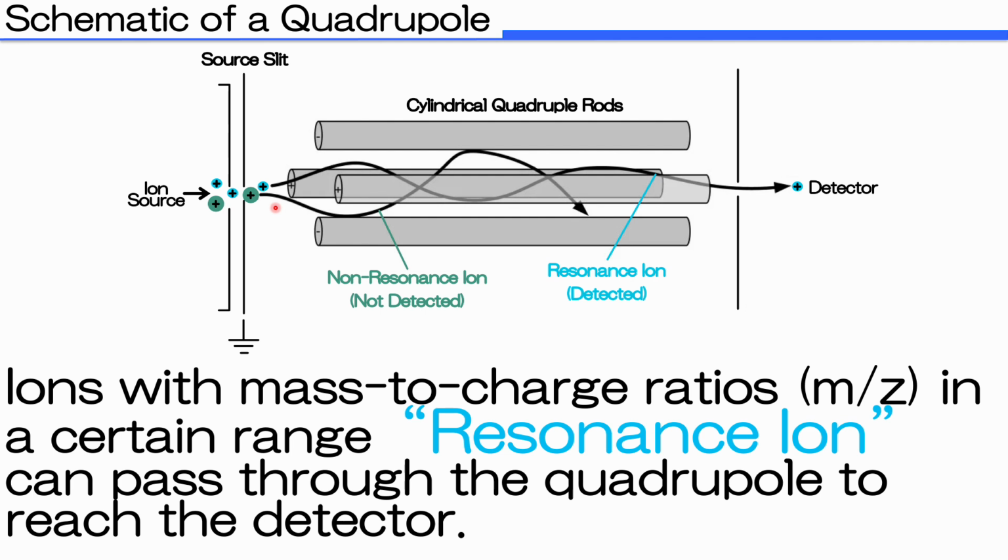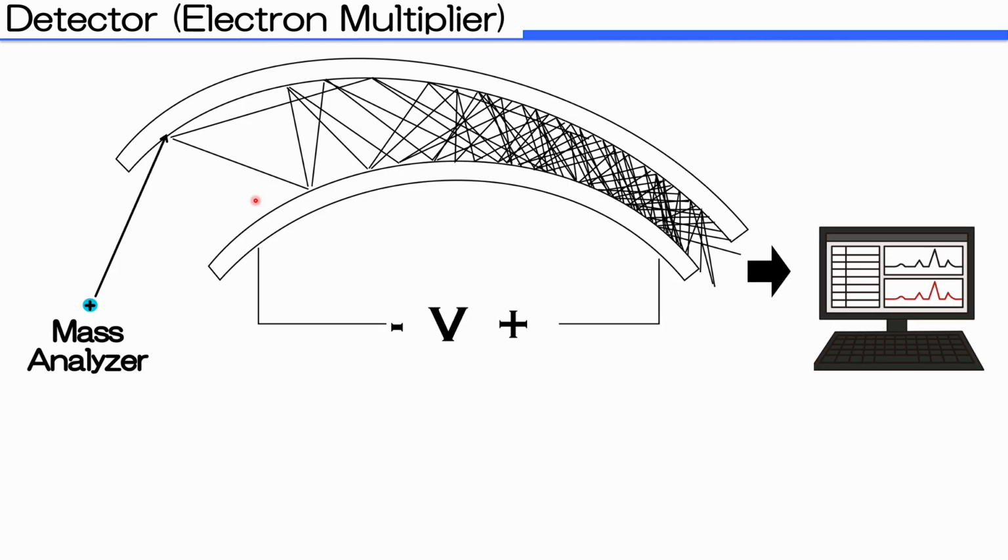And non-resonance ions, which are those not targeted for detection, cannot pass through the quadrupole and are excluded here. The ions that reach the detection unit are amplified by an electron multiplier, and they are displayed on the PC screen as an electrical signal, which can be confirmed as the peaks.